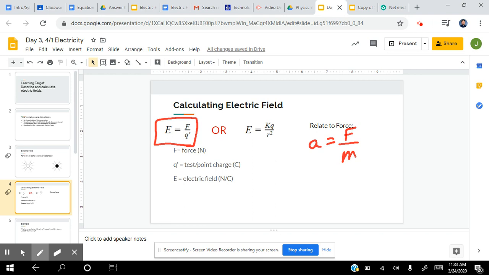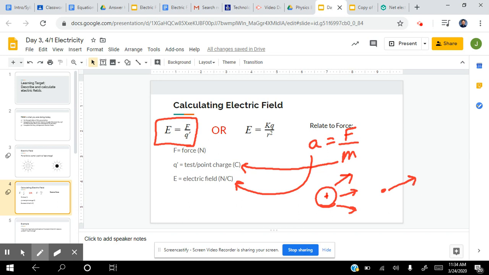We have our force measured in newtons, and then if you want to relate mass basically to the charge, and then relate your acceleration to the actual electric field itself, that can kind of help you, because let's say I were to have a positive electric field, and here's a point charge over here. This point charge right here is going to be pushed away, right?